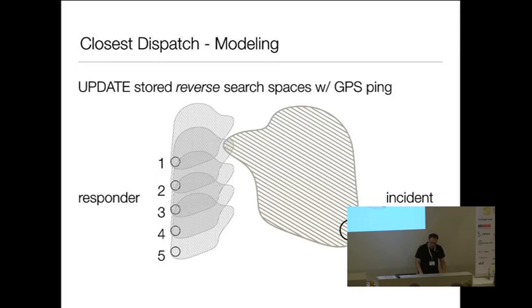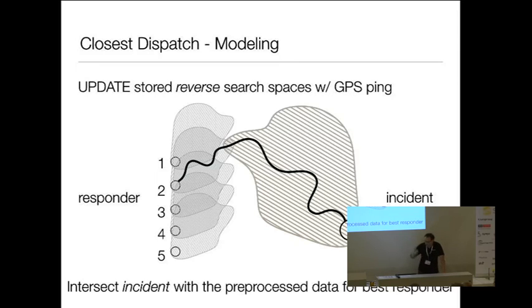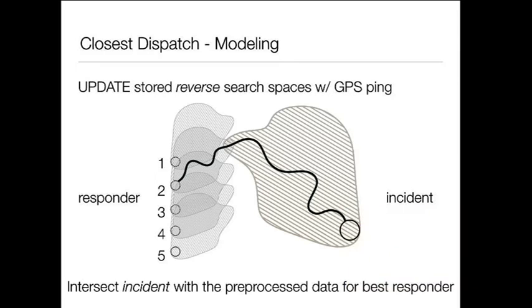And once we have that, we can infer a path and alert responder number 2 and say, well, listen, you're the closest one, please respond to the incident. So we do a set intersection with the preprocessed data that we update every now and then, perhaps in a regular fashion, and get the best responder.